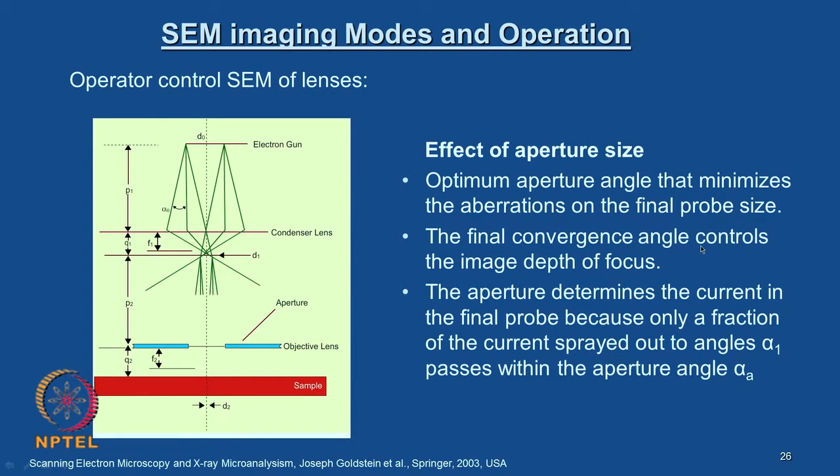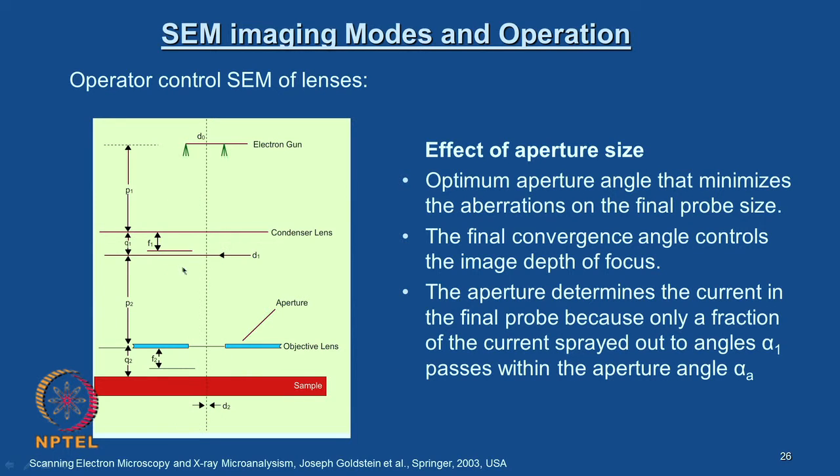The final convergent angle controls the image depth of focus. The aperture determines the current in the final probe because only a fraction of the current sprayed out to the angles alpha 1 passes within the aperture angle alpha a.